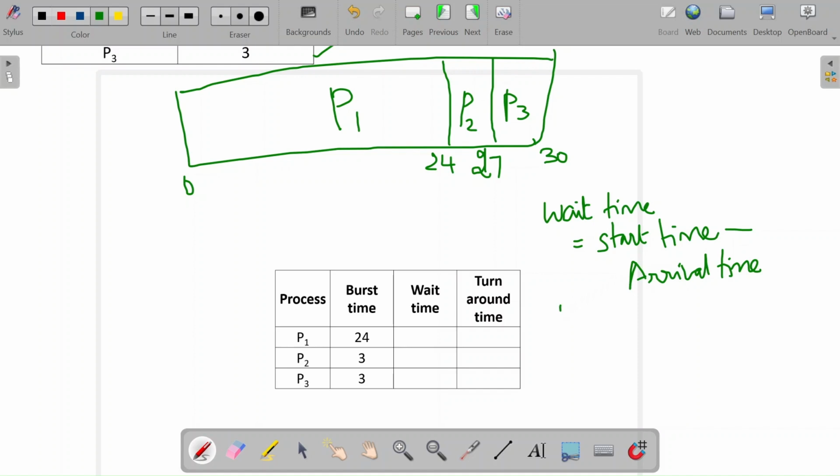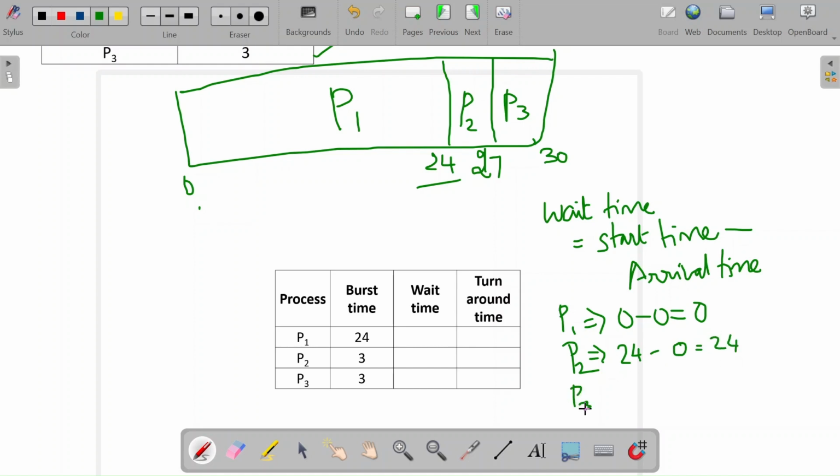For example, for P1, what is the start time? P1 starts at 0. It also arrives at 0, so there is no waiting time for P1. P2 starts at 24 milliseconds, so the start time 24 minus the arrival time 0 is 24 milliseconds.